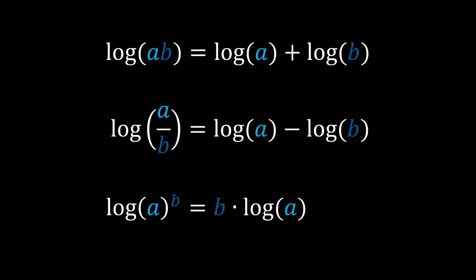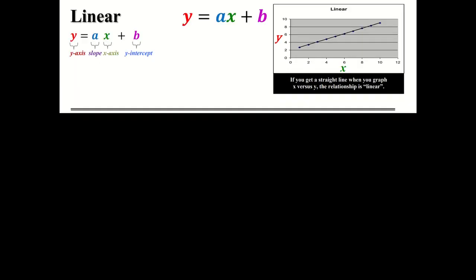It may have looked like I went off on a little tangent there with logarithms, but now let's come back to how we're going to use that to linearize data. Okay, we know that if you graph x and y and get a straight line, you could find the slope of that line, and that's a. We can find out where it crosses the y-axis, and that's b.